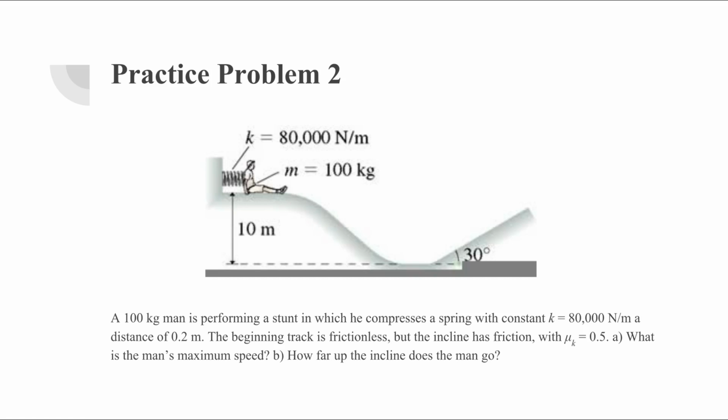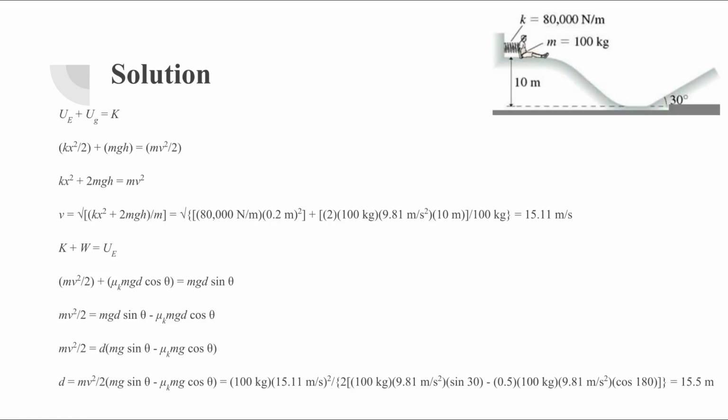The beginning track is frictionless, but the incline part has friction with mu_k equals 0.5. Part A, what is the man's maximum speed? And part B, how far up the incline does the man go? As you can see, it's very messy, but it's a good problem.